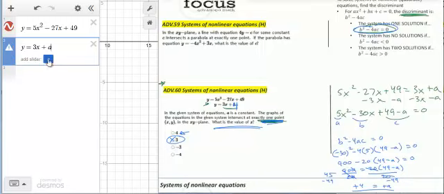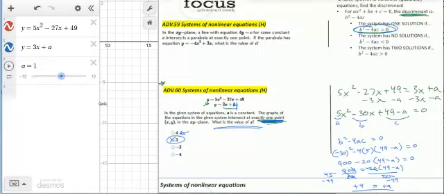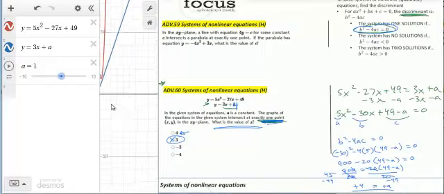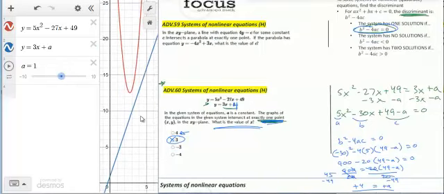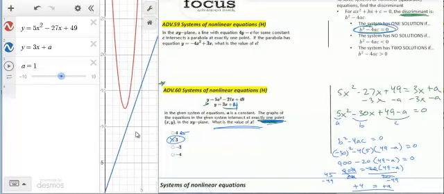And notice, I used A before. We haven't solved this yet. I'm using A. I'm just going to create A on here, and then I'm going to visually take a look at this. All right, so what do I know has to be true of these two lines based on this problem? They intersect how many times? Once. So what I can do here is I can slide this until I see that intersection.